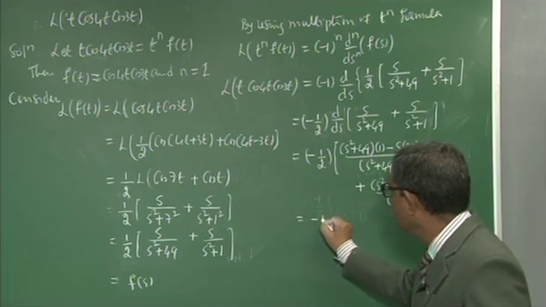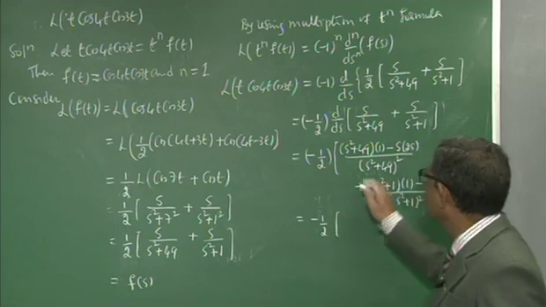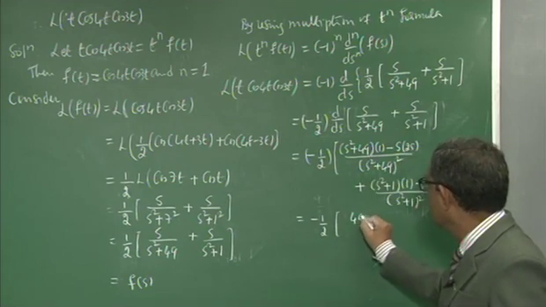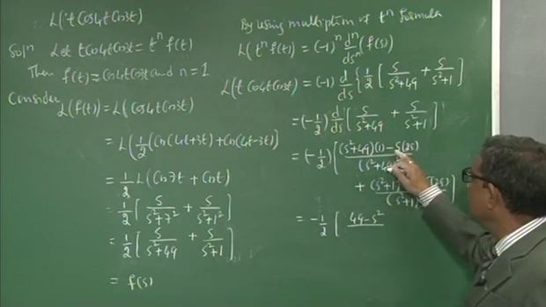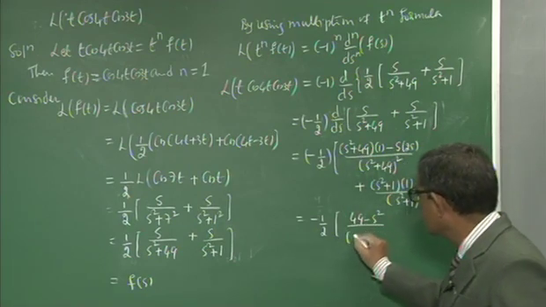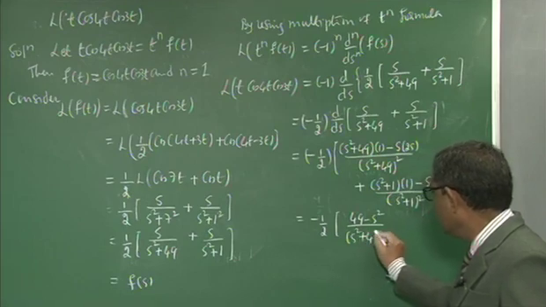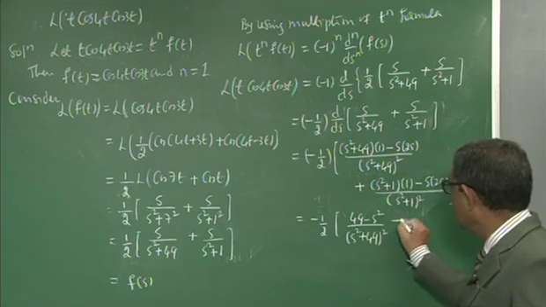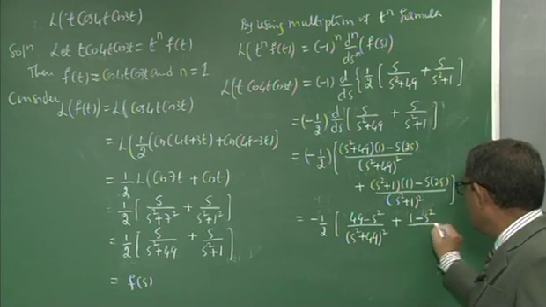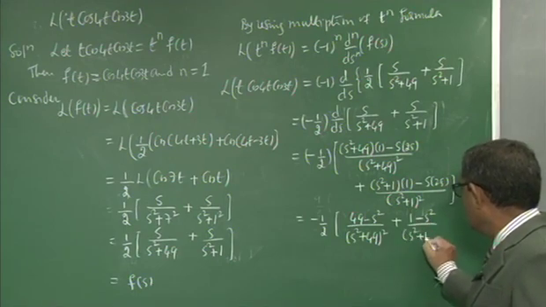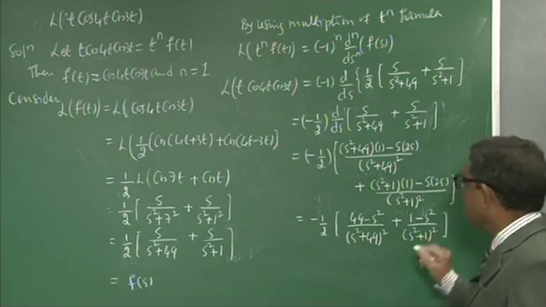Now if you do the simplification, 49 minus s square, and the second term is 1 minus s square divided by s square plus 1 whole square.